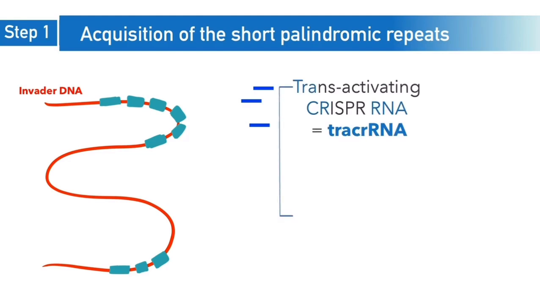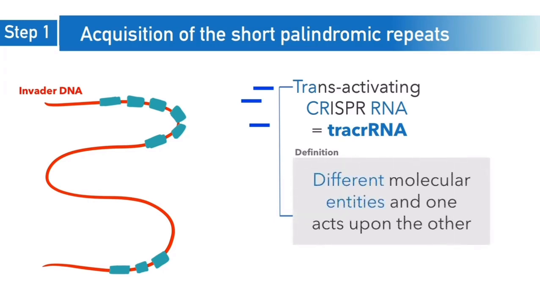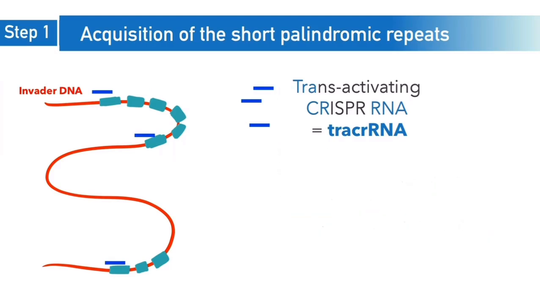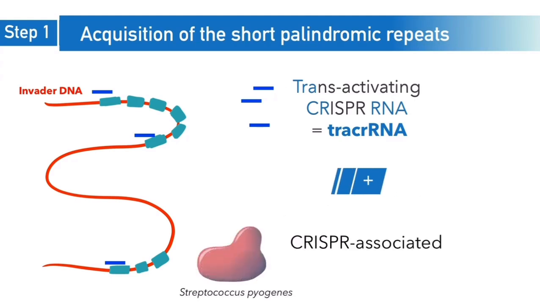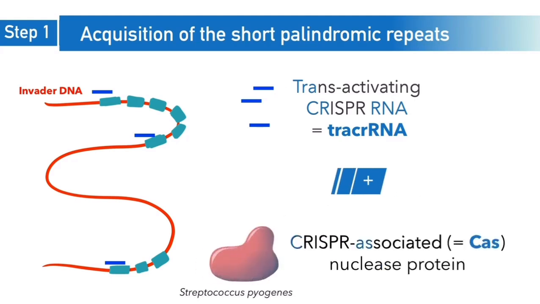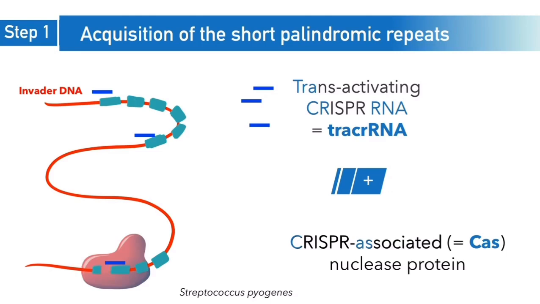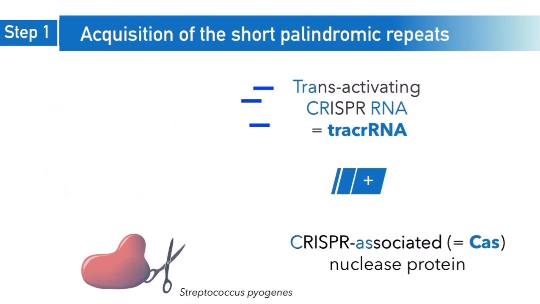The term trans-activating here implies that the CRISPR RNA and the invading target DNA are different molecular entities, and one acts upon the other. In order to obtain the repeated nucleotide sequences from the target DNA, the host needs tracrRNA along with a CRISPR-associated, also called Cas, nuclease protein. A nuclease protein is an enzyme capable of cleaving DNA at nucleotide linkages, just like a scissor.